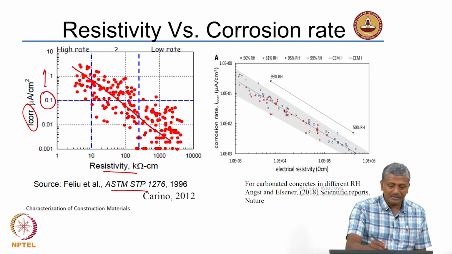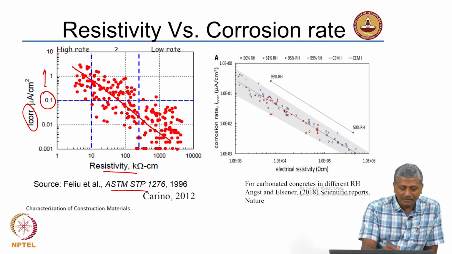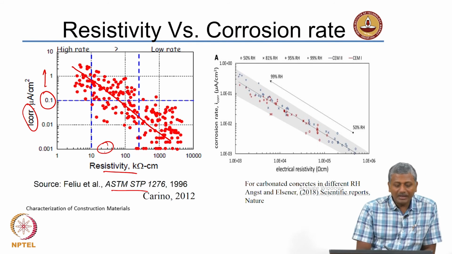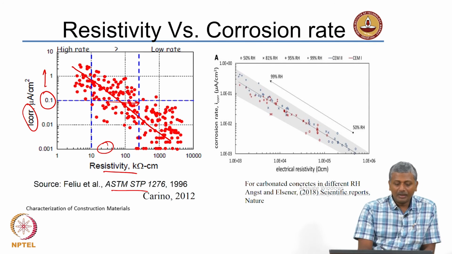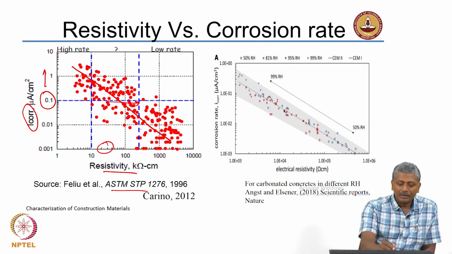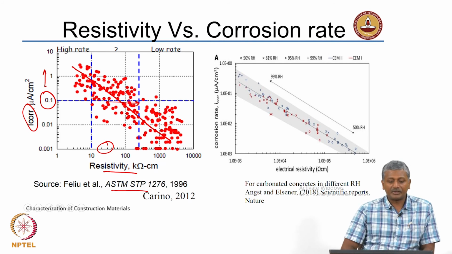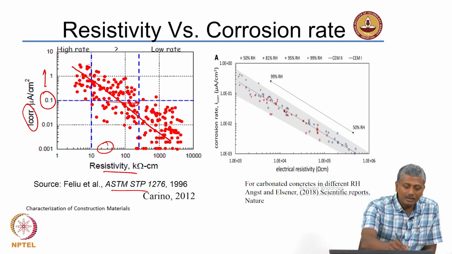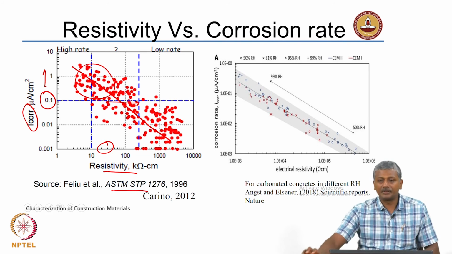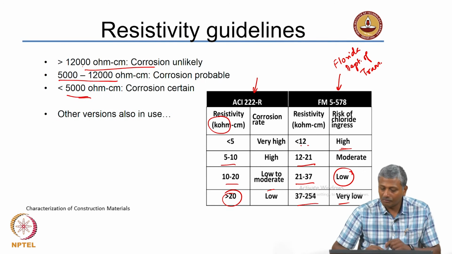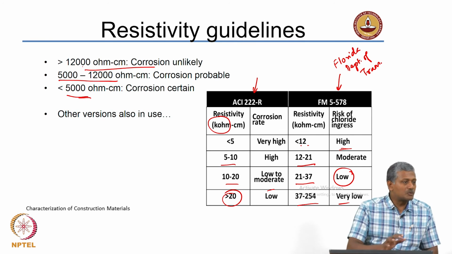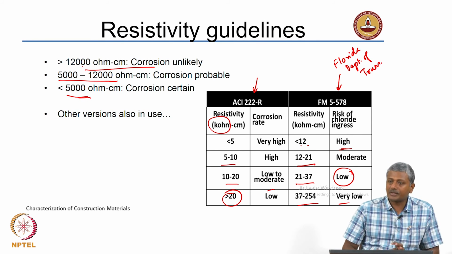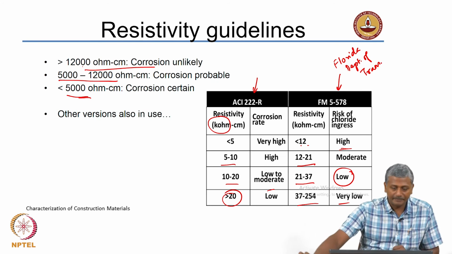You can see that for levels of resistivity greater than about 10 to 20, most of these values are more than about 20 to 25, or 20 to 30. Most of those concretes are in the passive condition, whereas anything less than 20 is mostly in the active condition. So, if you come back to the Florida Department of Transportation, more or less it matches with what we are seeing as far as the corrosion current density behavior is concerned.